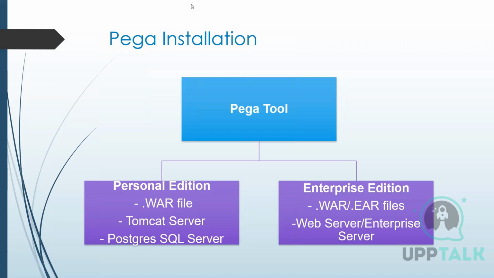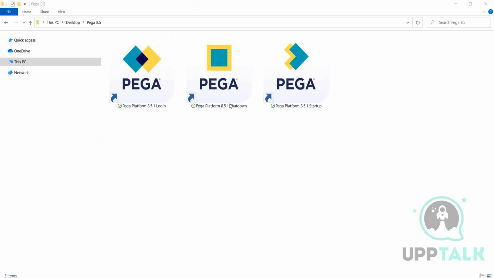You will get to see these three icons on your screen: Pega login, shutdown, and start. Three shortcuts will be available on the screen.